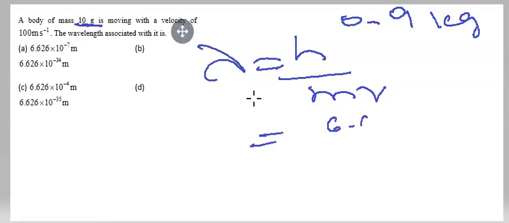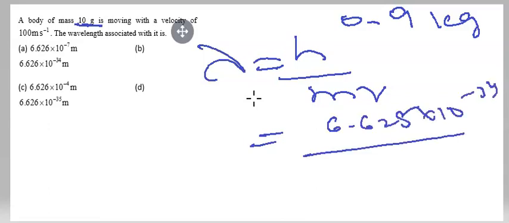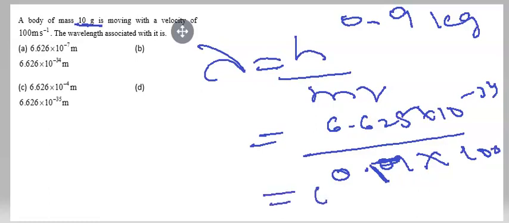So h is 6.625 multiplied by 10 to minus 34. Mass is given, that is 0.01, sorry, 0.1, then multiplied by 100 meters per second. By solving this, we'll get 6.626 multiplied by 10 to minus 24 as the answer. So option B is right for this question.